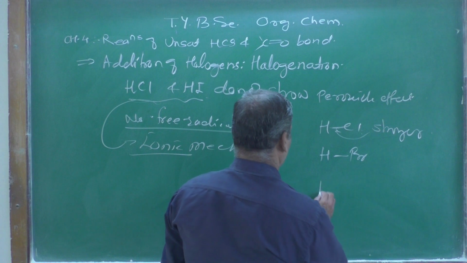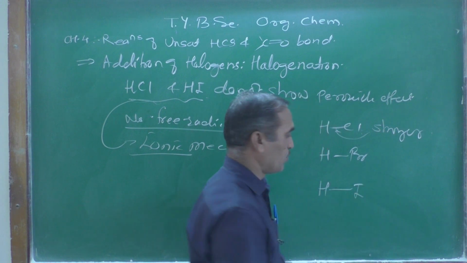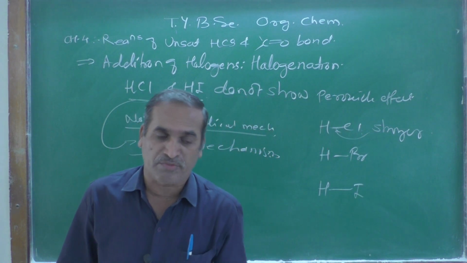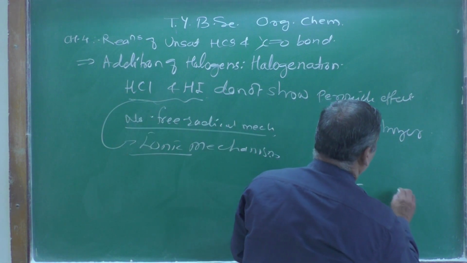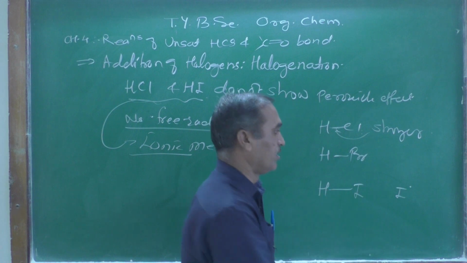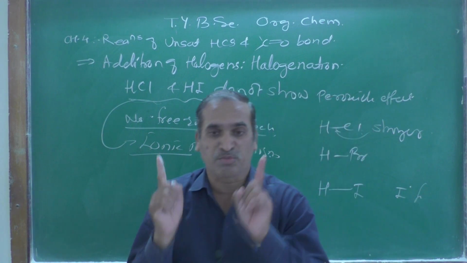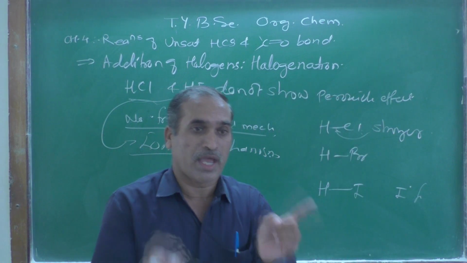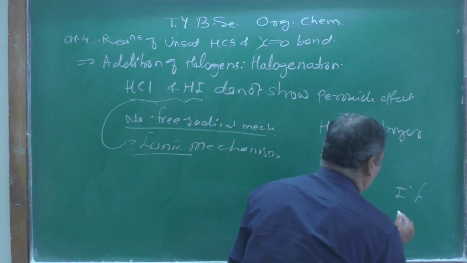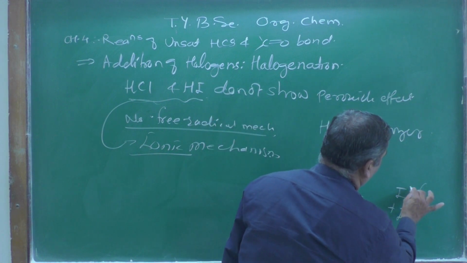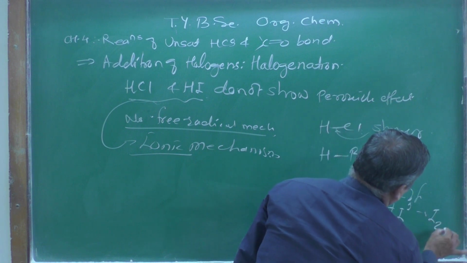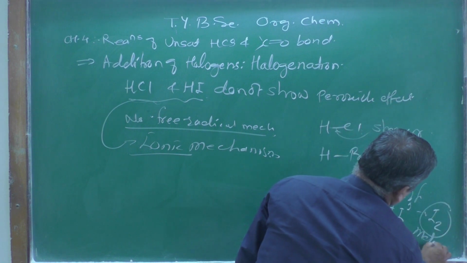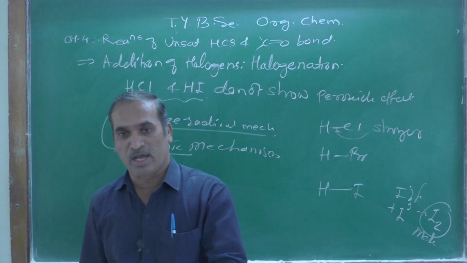Now remember, next one is HI. HI can produce a free radical, an iodine free radical, but this free radical immediately reacts with another iodine free radical, and we get I2 as a molecule.